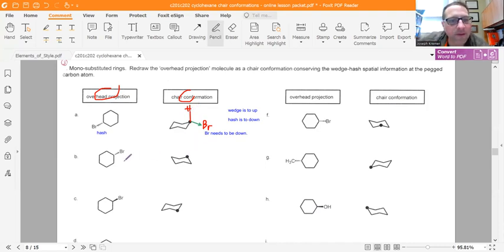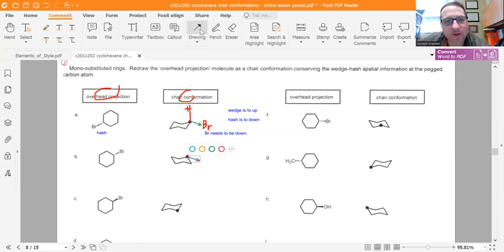Moving on. This is still a hash. I believe it's the same answer. Axial is straight up at this particular vertex. Equatorial is partly down.